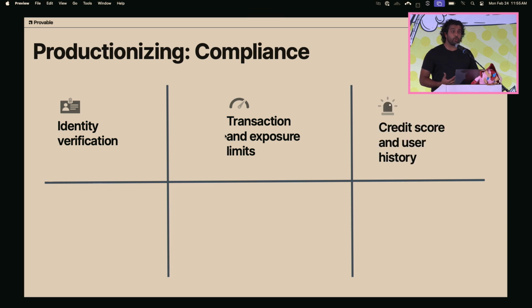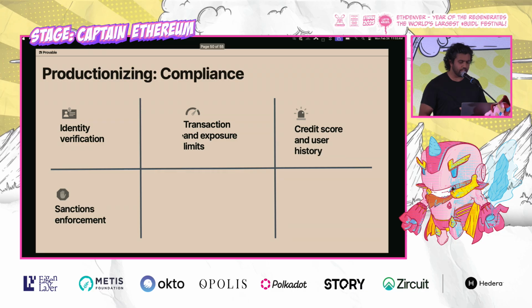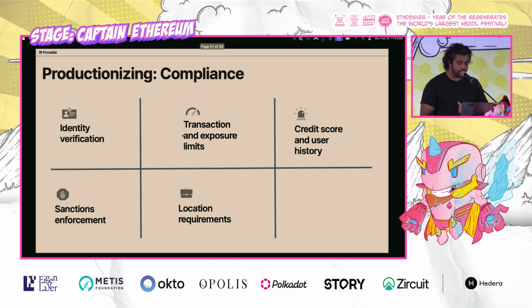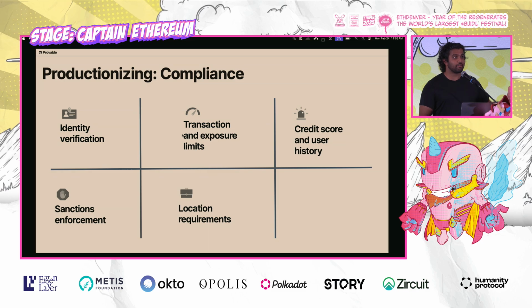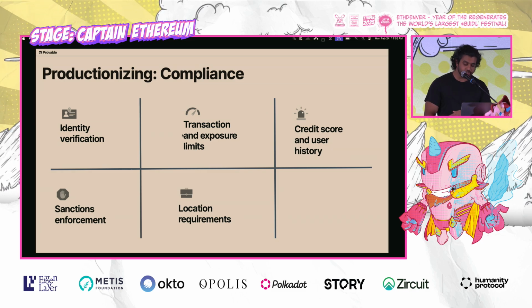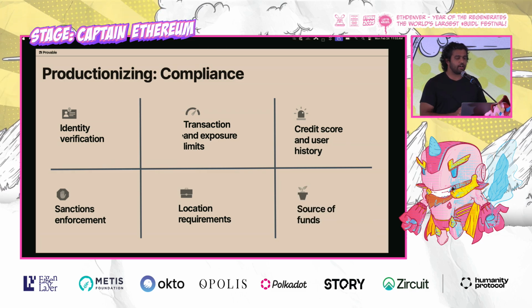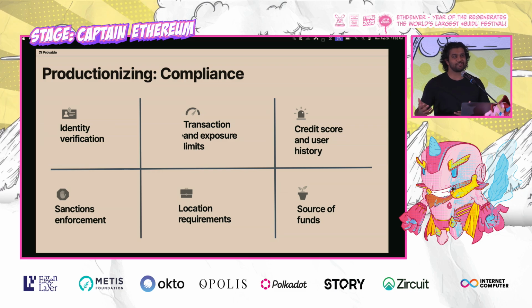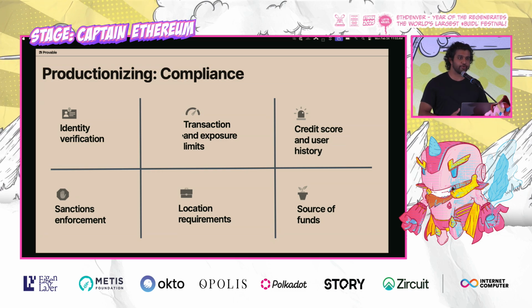You can require credit checks. You can require checks on user history, all through ZKPs. You can enforce sanctions. You can add requirements that users come from specific locations. And you could even do provenance for funds before they're actually sent through.